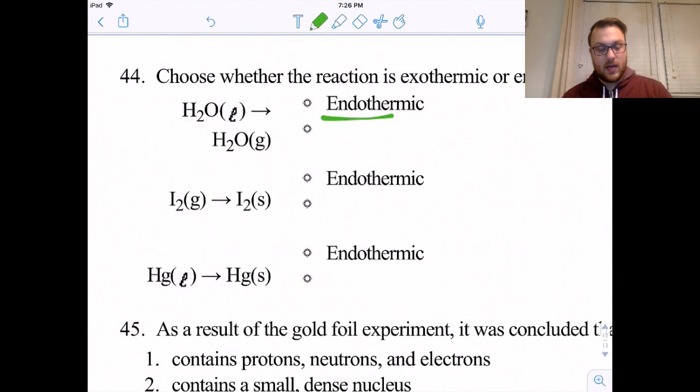So when you see liquid to gas, I would say that it's endothermic because it's heating up. If I see gas to solid, that's cooling down. That's exothermic. I would say the same thing for liquid to solid. That's freezing. That's exothermic.